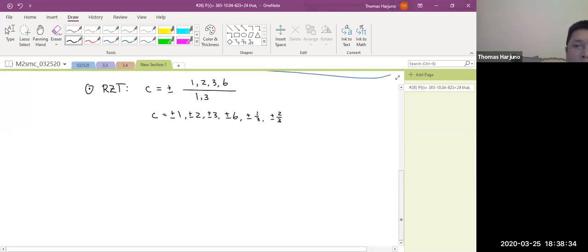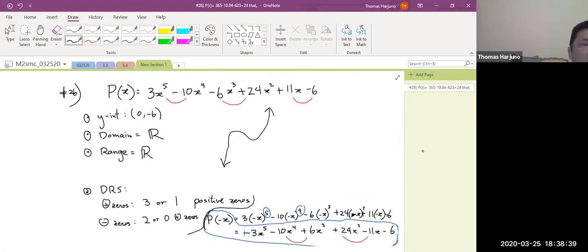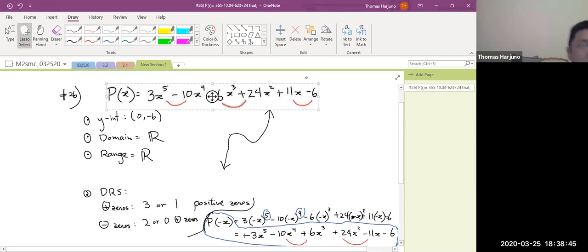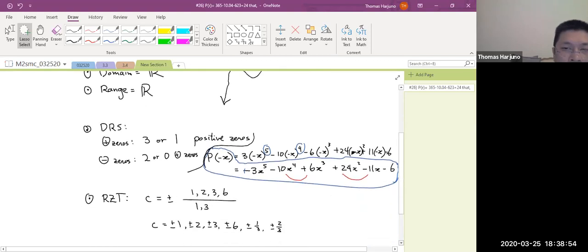Is it okay? Now, once I have the candidates that I get from the rational zero theorem, then I will try to find the zeros.